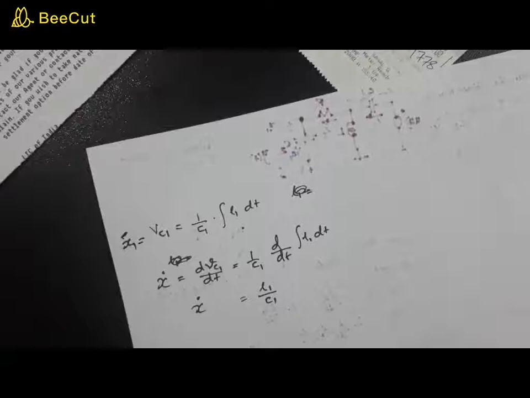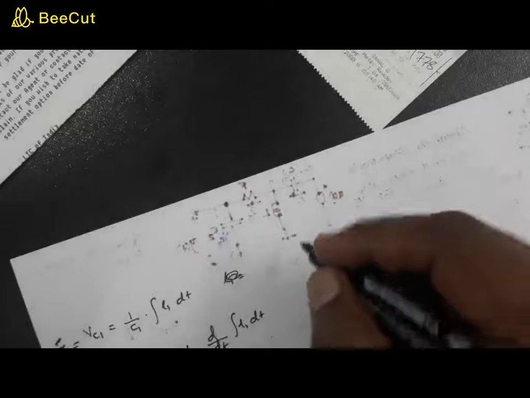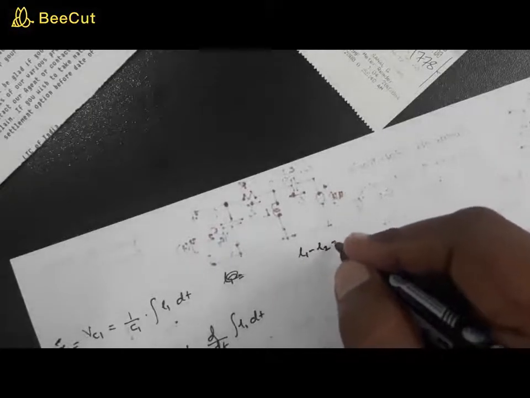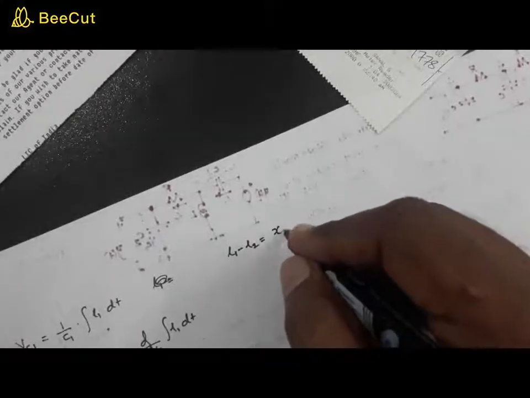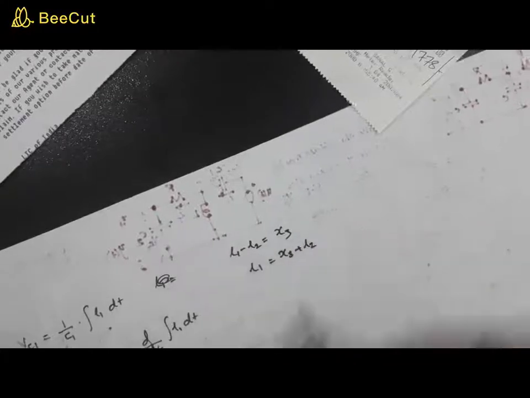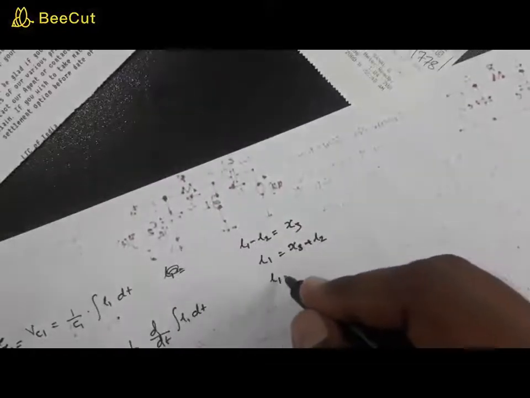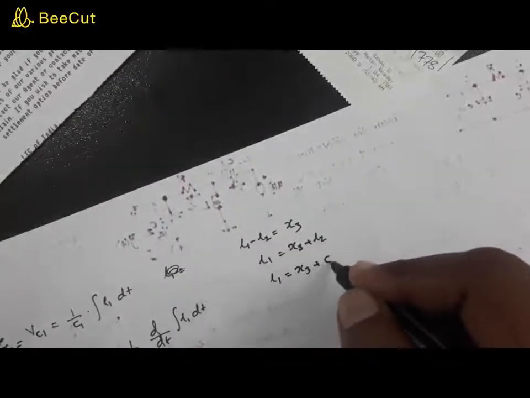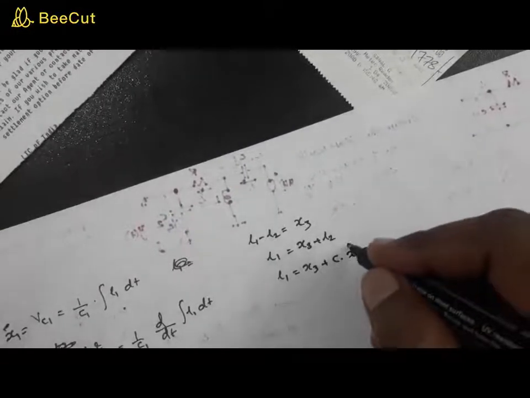Okay, right? Now we also know that I1 minus I2 is actually what? I1 minus I2 is x3, or I1 is equal to x3 plus I2. Now what is this I2? We have already seen I2 to be C into x2 dot. So substituting that, I1 is equal to x3 plus C into x2 dot, right?